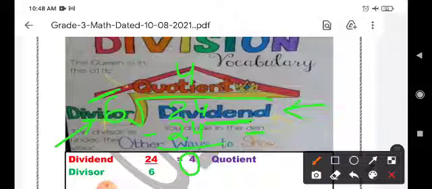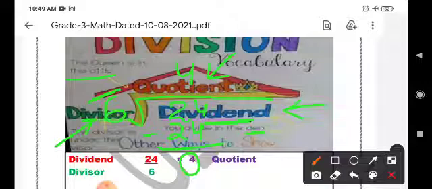So when we get the answer, that is our quotient. What is the quotient? It is the answer we obtain when we solve the division problem. We write it on the top. That is, the queen is in the attic.